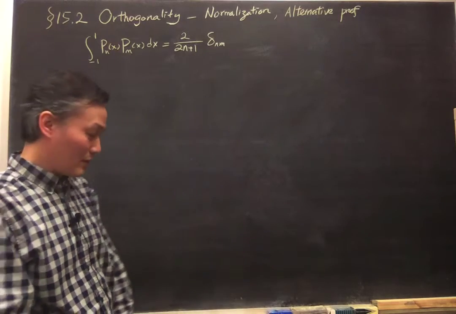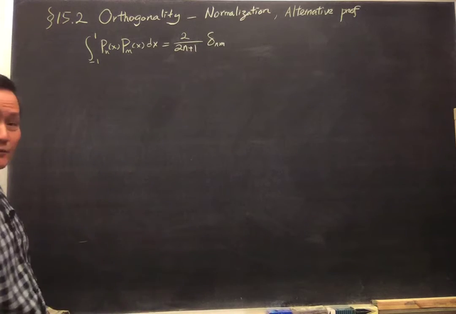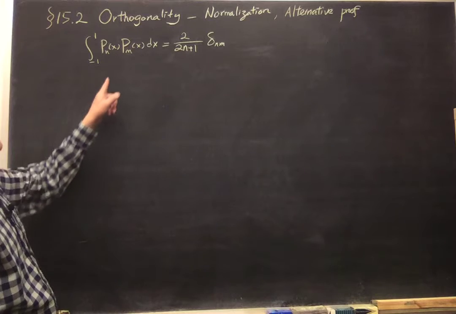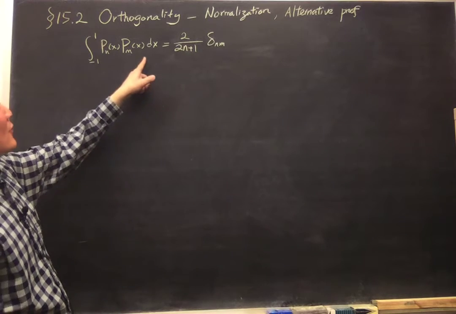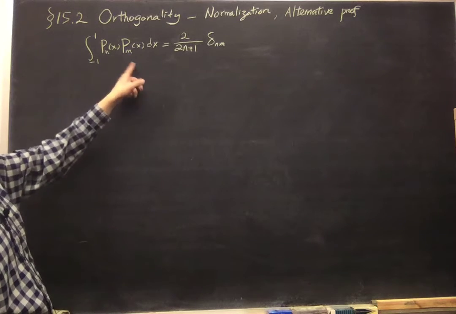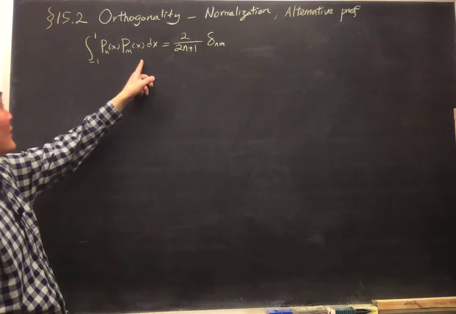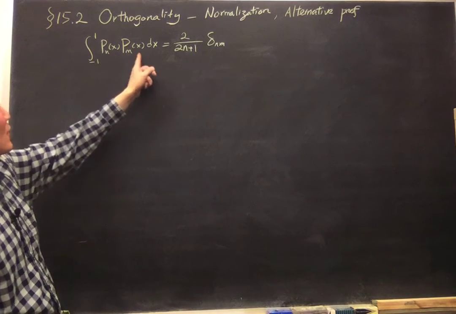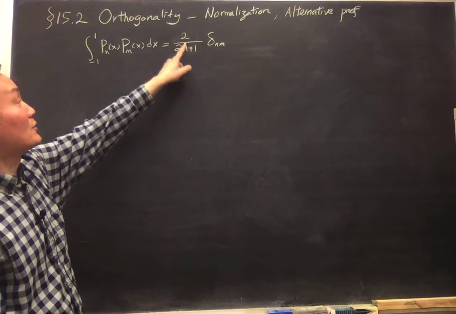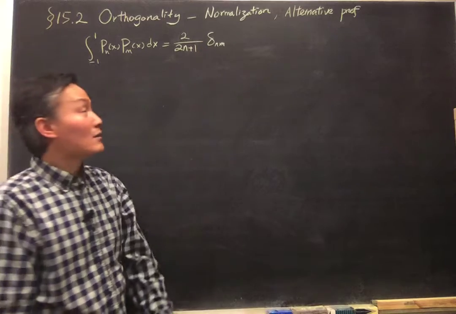Okay, now we continue to talk about section 15.2, the orthogonality. Last time we followed the textbook and showed this relationship: the product of two Legendre polynomials of order n and m, integrated over x from -1 to 1, gives the constant 2 divided by 2n plus 1 times the Kronecker delta.